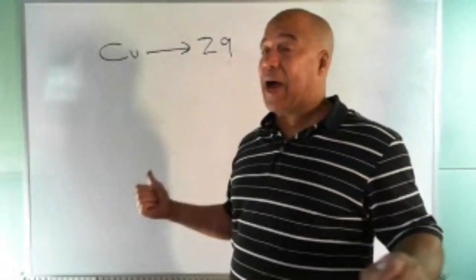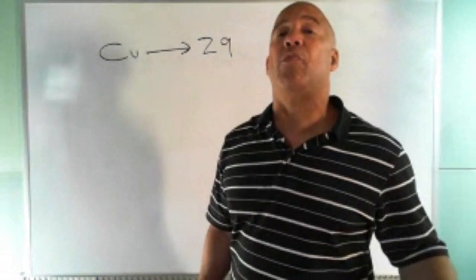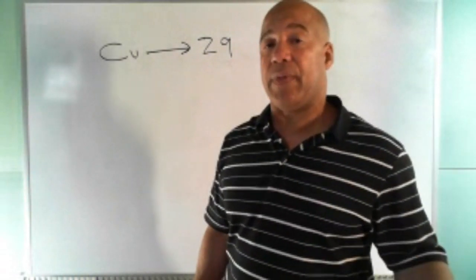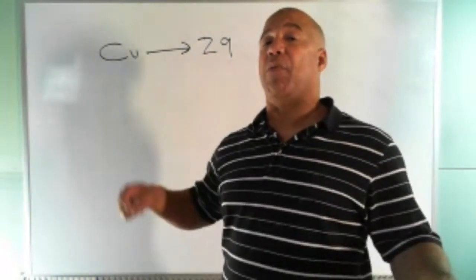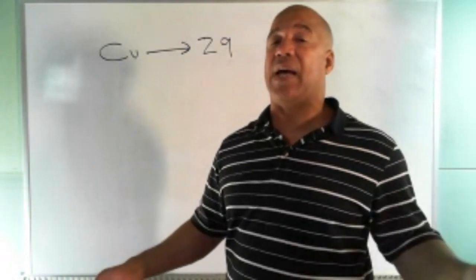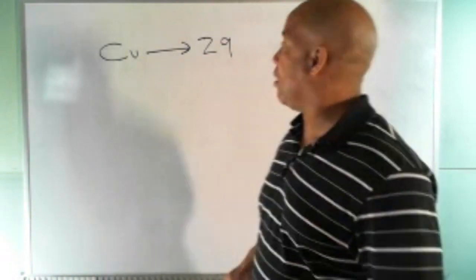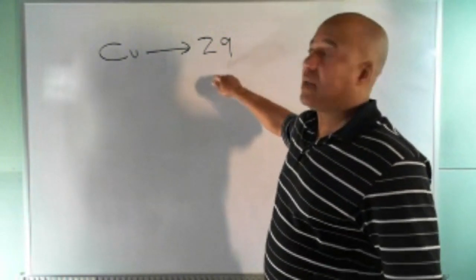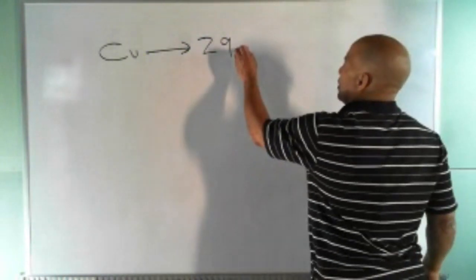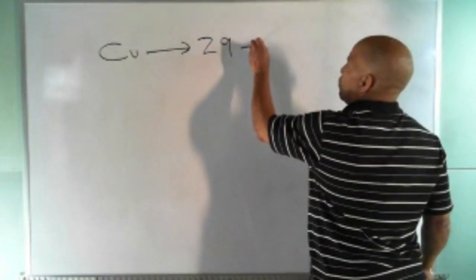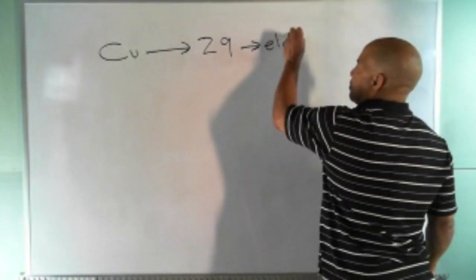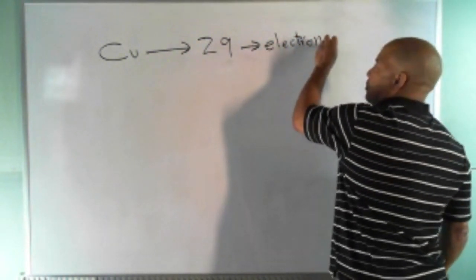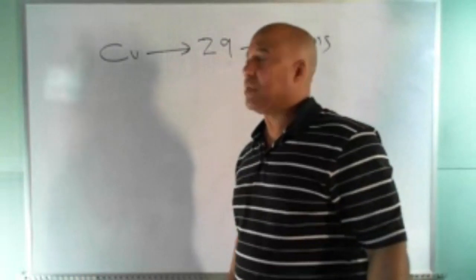Anytime I give you a problem like this, you're going to assume we have a neutral atom. If we have a neutral atom, that means the number of protons and the number of electrons are the same. Copper has an atomic number of 29, so we can assume a neutral atom has 29 electrons. That's how you get the number of electrons.